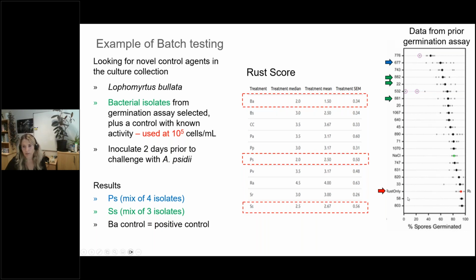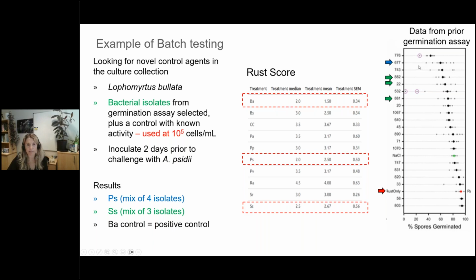And down the bottom, you can see the rust-only control and the percentage of spores germinated. So this is a germination assay of Austropuccinia psidii. When we add the bacteria, you get various levels of inhibition of rust germination, with isolates 776 to about 881 starting to inhibit rust germination.